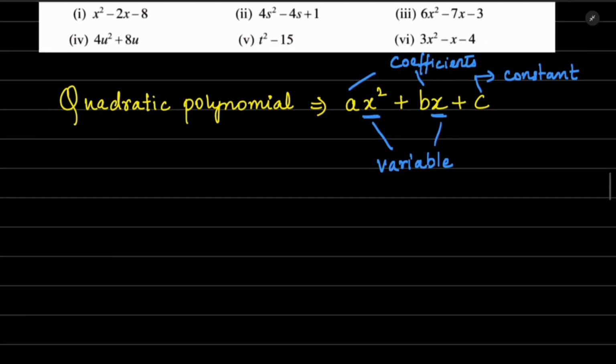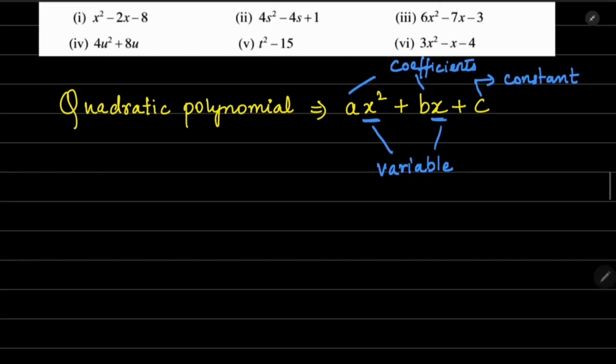Now if you look at the variable, which is x, what is the power of x in the second term? It is 1. What is the power of x in the first term? It is 2. So what is the highest power of the variable? It is 2. So the degree of this particular polynomial will be 2.